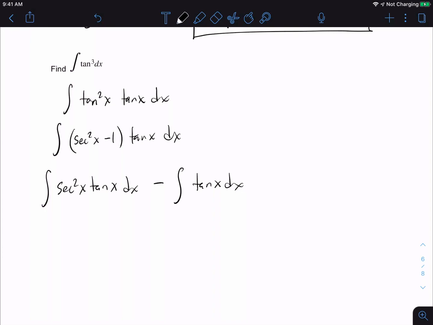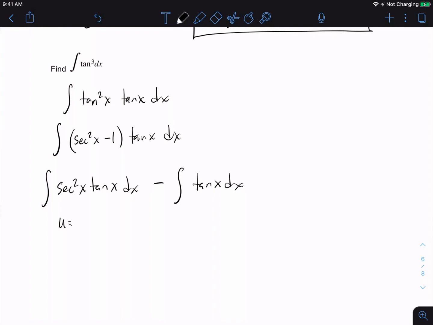The other one isn't quite so simple. We need to be creative in our u-substitution. If I were to use secant, which would have worked and I can show it to you, you would have gotten secant x tangent x, right?